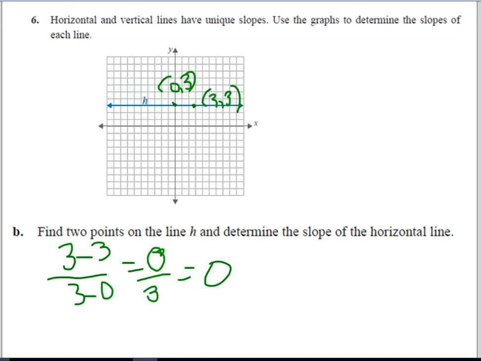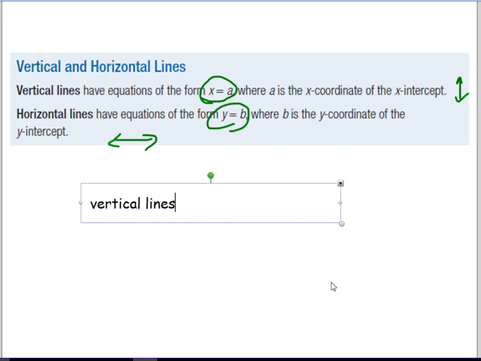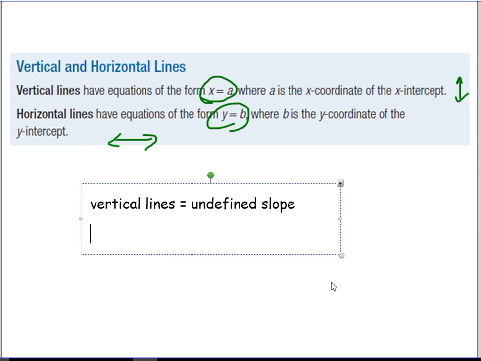Okay, so let's review that. So let's put it on here. When you look at this, vertical lines have an undefined slope, and horizontal lines have a 0 slope.